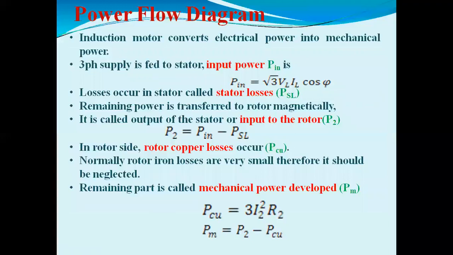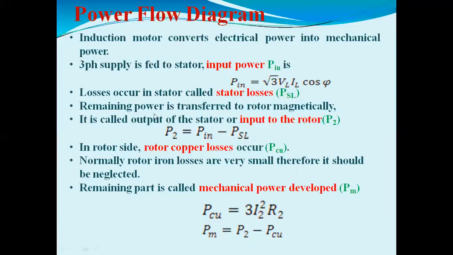So now, from the power flow diagram, the induction motor converts electrical power into mechanical power, as we have already known. Three-phase supply is fed to the stator. Input power is root 3 VL IL cos phi, and this is generally known to us. We have done in our previous discussion why it is root 3 VL IL cos phi. Losses that occur in the stator are called stator losses, given by PSL.